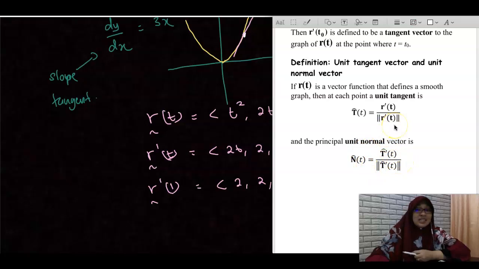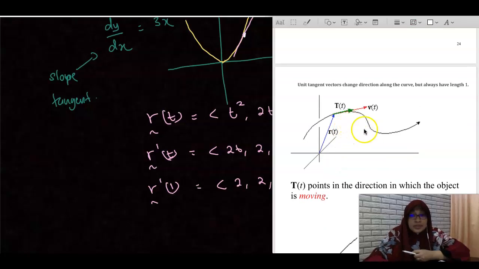If the question asks you, from r, to obtain the unit tangent and after that the unit normal, that is a very favorite question in exams. If your capital T vector, the unit tangent vector, is wrong, then your unit normal is of course also wrong. So be careful when you compute the unit tangent vector.